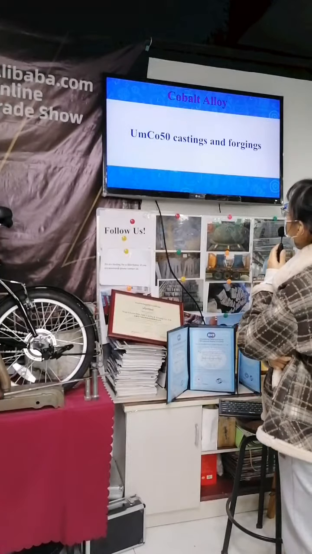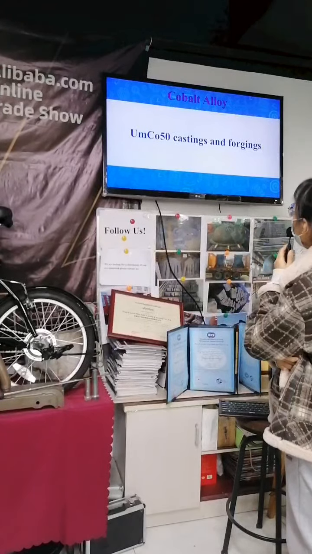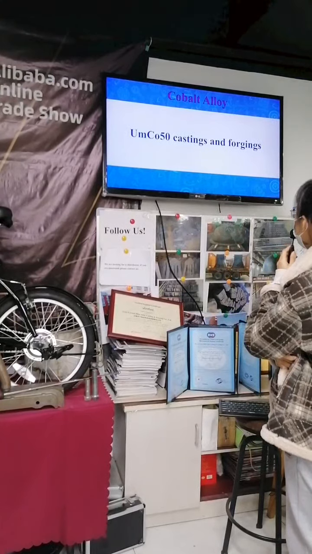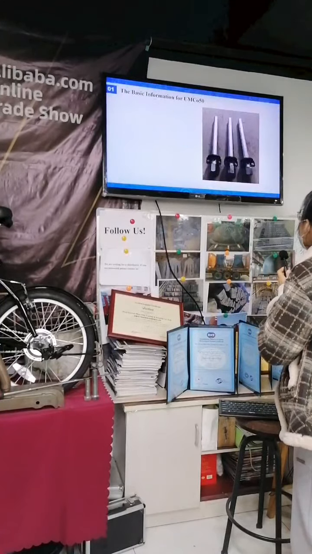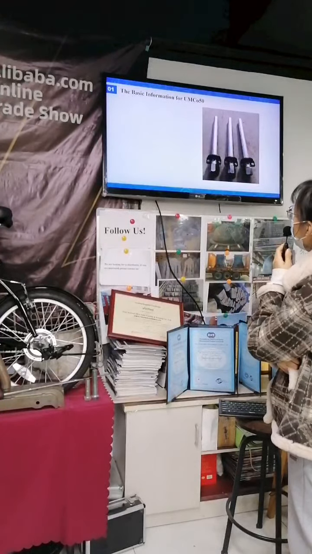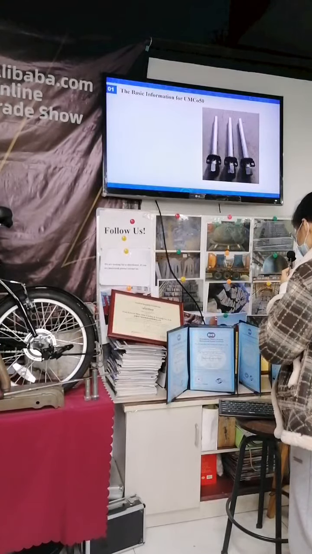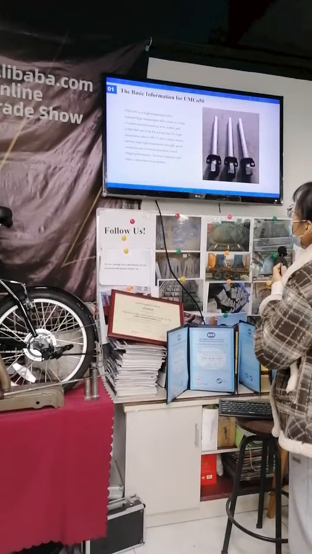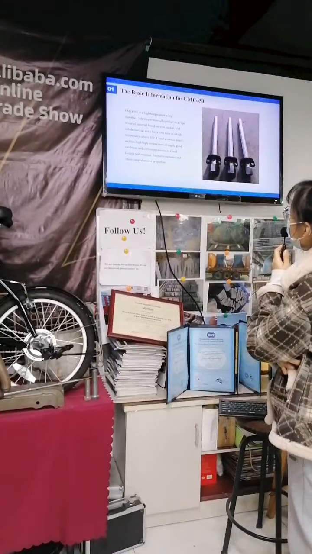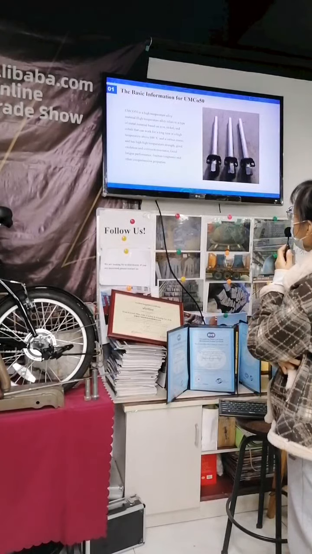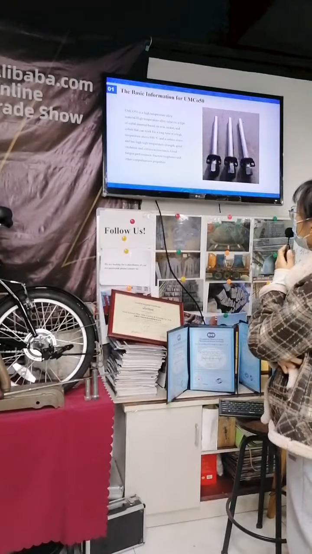Now let us learn about castings and forgings. The basic information for UNC50: it is a high temperature alloy material.